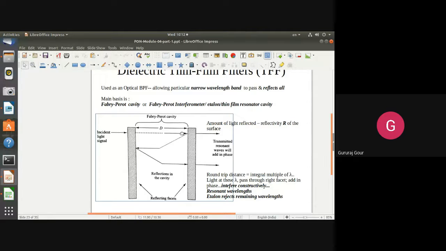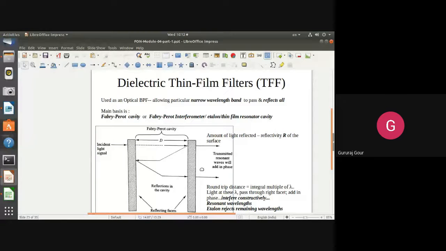So that's how you can see this is known as a Fabry-Perot cavity interferometer. Interferometer, because we are getting this by these two interference phenomena. Understanding? And how you get different shades or colors leads to the term filter.